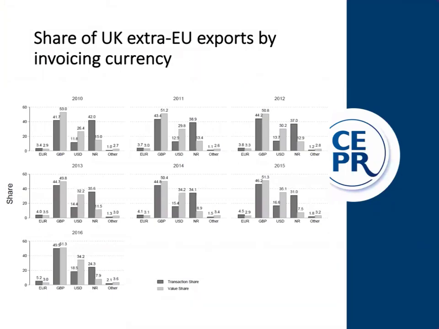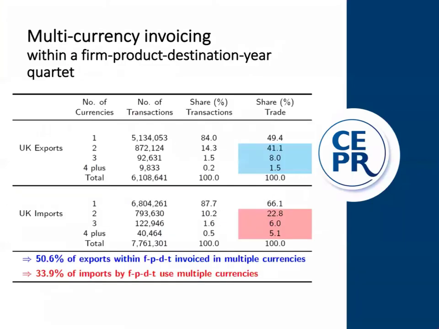So if we move on to the next slide, the first surprising finding that we can observe when we look at the UK's trade is that we can look at every firm, 8-digit product, and country within a given year. So we have all of these transactions for the UK.